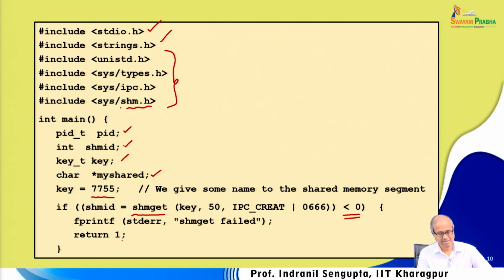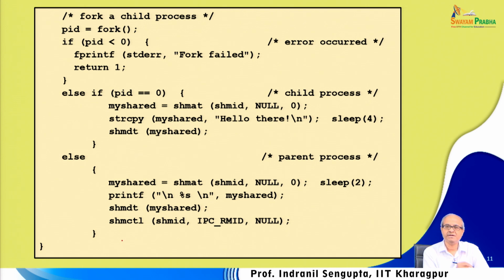After that, let us create 2 processes. Let us call fork, so a child process will get created. You recall when fork is called, a parent and a child both run. For the child process, the value of pid will become 0, and for the parent process, the value of pid will become the pid of the child, which means some value greater than 0.